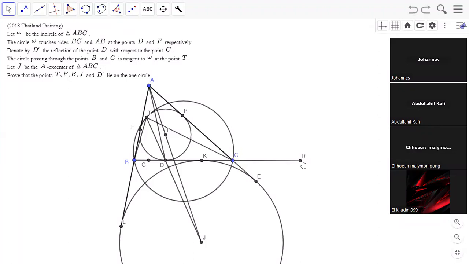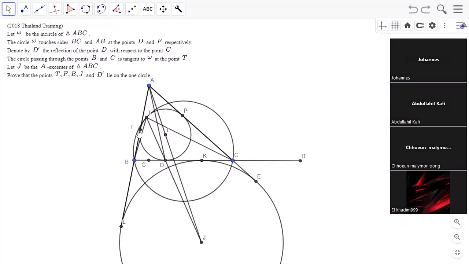So first, show that TFBJ is cyclic. So that's the same as showing angle TFA is TJB. I think it's the same as showing DF and JB are parallel. Oh, and that's obvious. Okay.